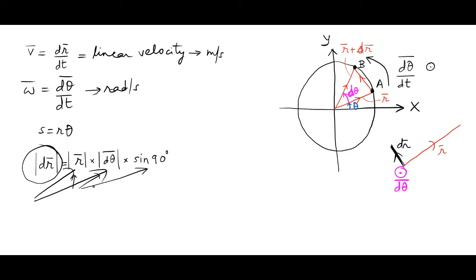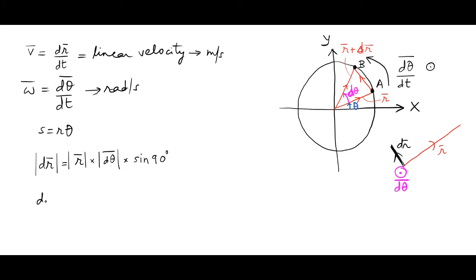So I'm sure that this reminds you of the vector product or the cross product, that particular operation which we did in vectors. So you can of course expect this relation to be nothing but the magnitude of a cross product.